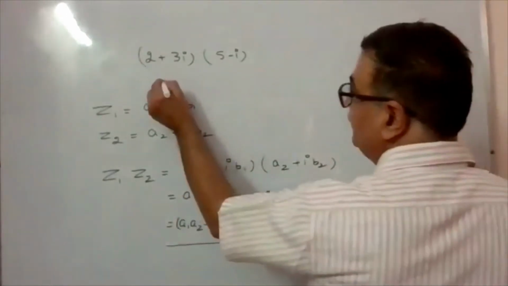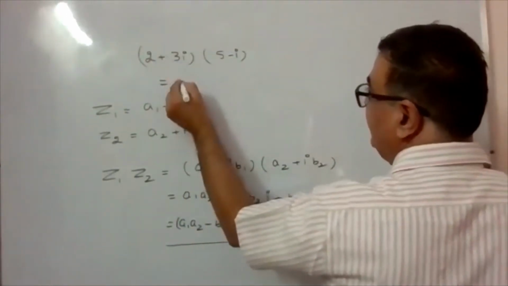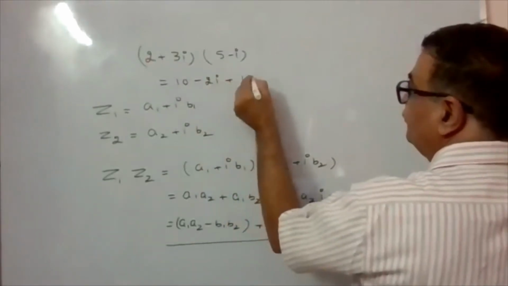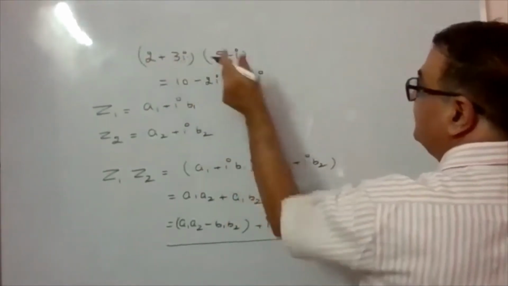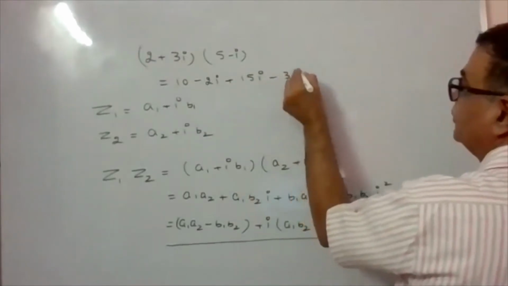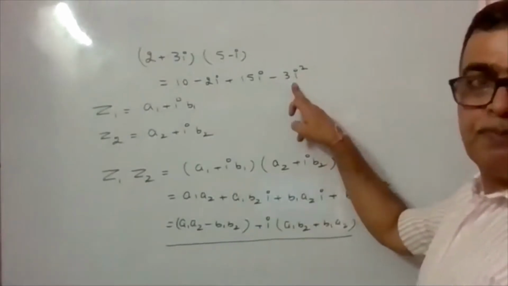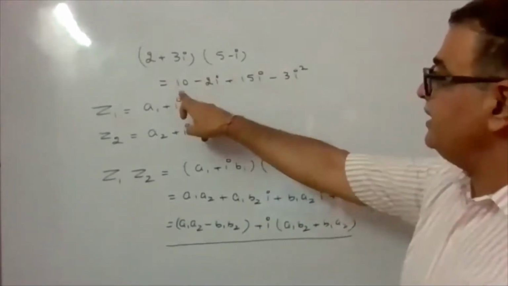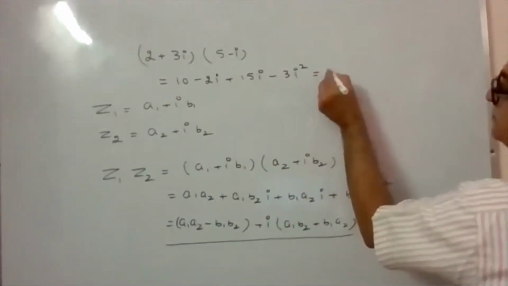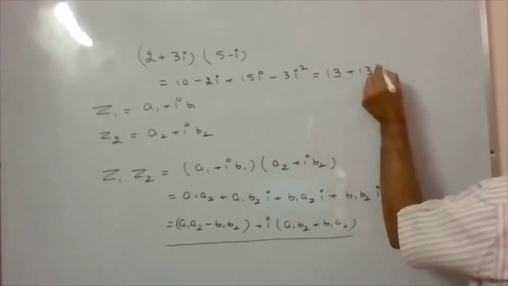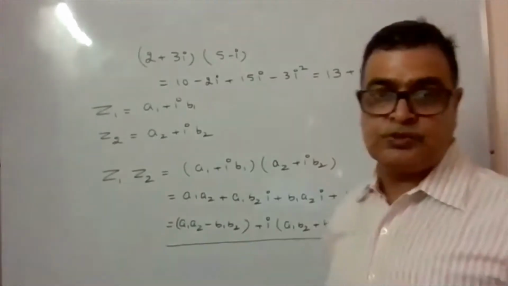Then in this case, what we do first: 2 fives are 10, minus 2 iota, then plus 15 iota, and then comes out to be minus 3 iota square. Then this will come out to be plus 3, plus 10 here, so what will it come? 13 plus 13 iota. This will be the answer.